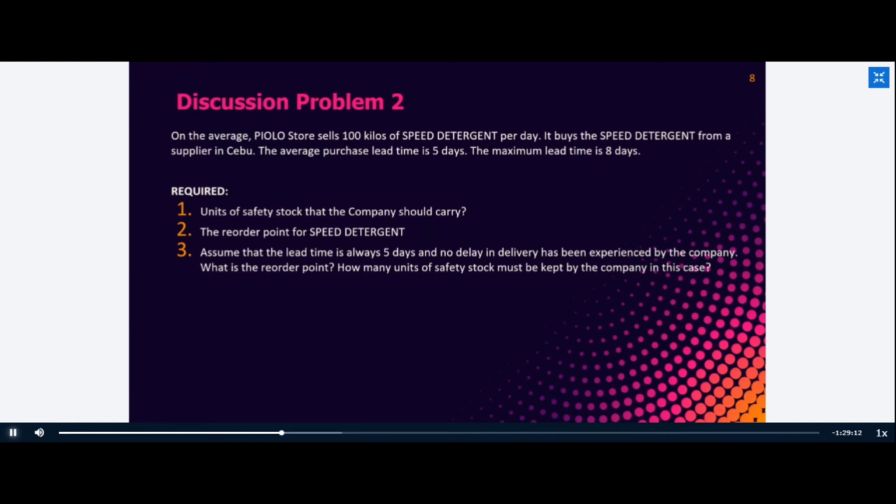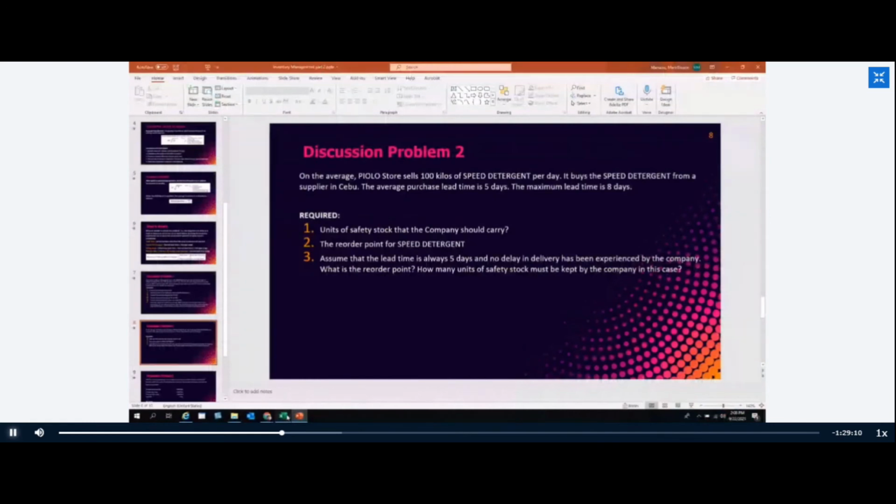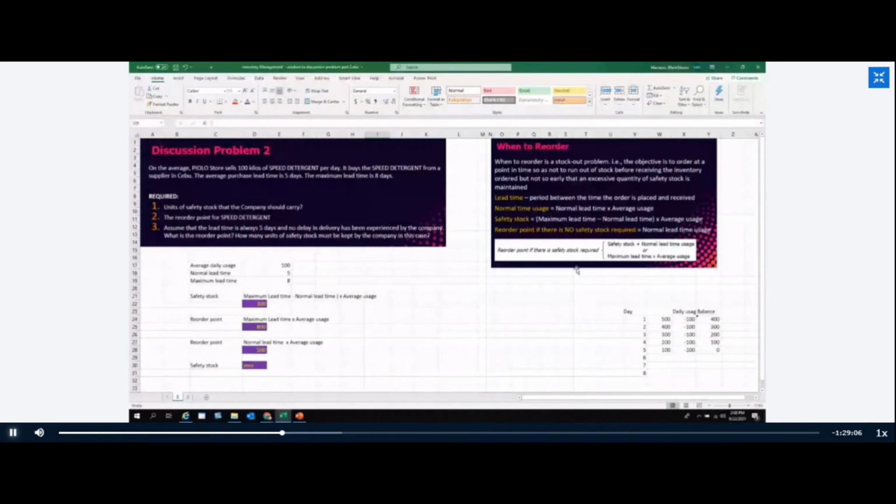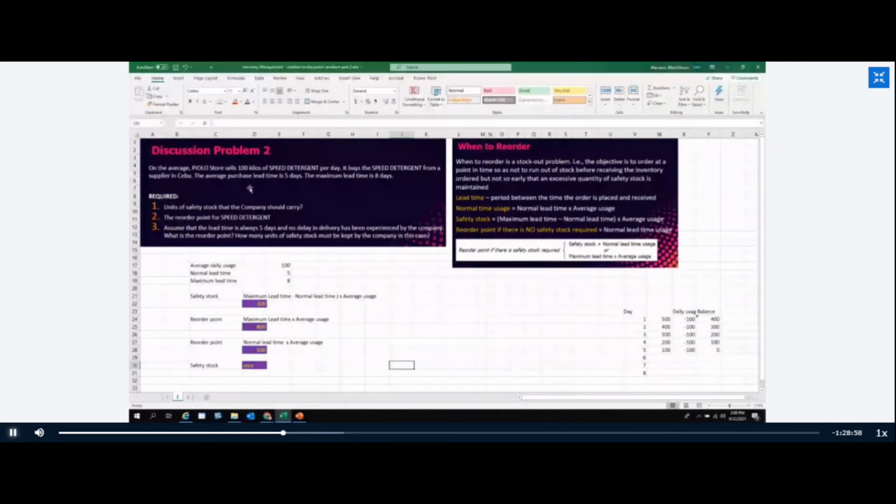So let's do discussion problem number 2. Same gagawin natin, ilagay ko lang dito yung problem and also yung concept ng reordering point, 'no. So, what are the information given? Una, average daily usage of 100, 'no, 100 kilos.